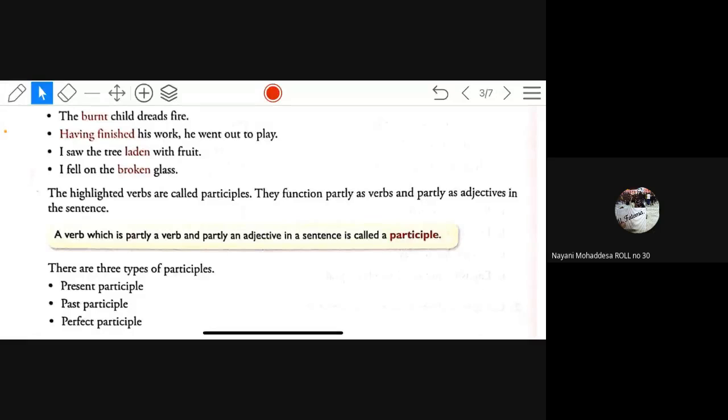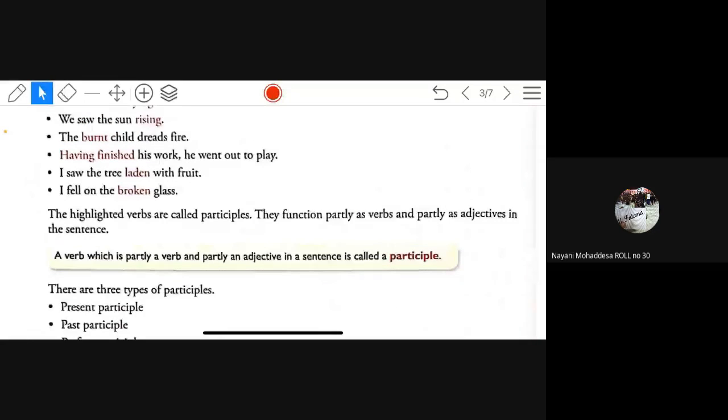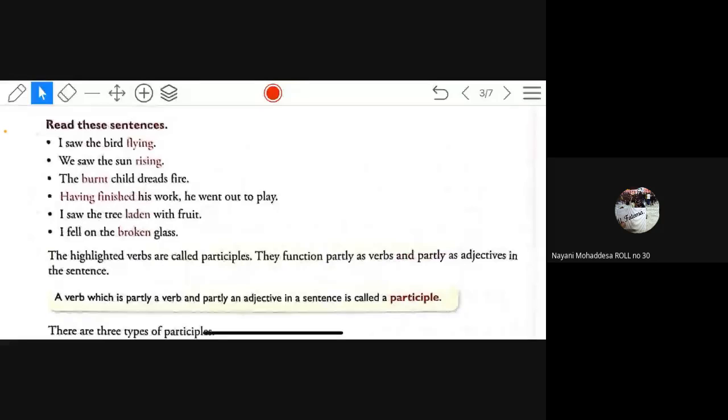There are three types of participles: present participle, past participle, and perfect participle. So the first one we read about is participles. You understood what participles are? See, everywhere.